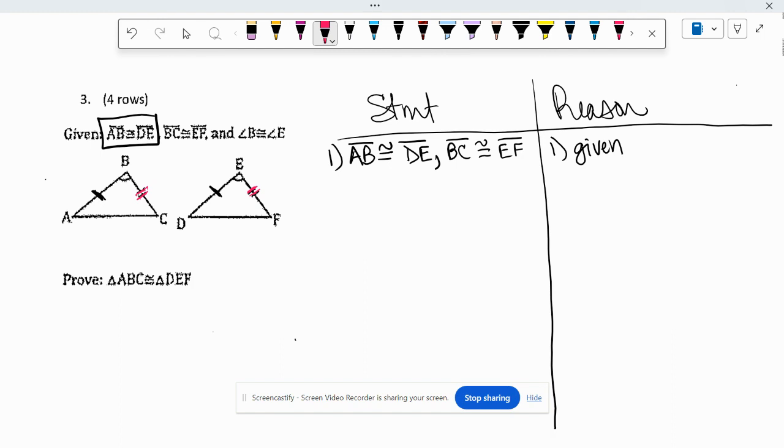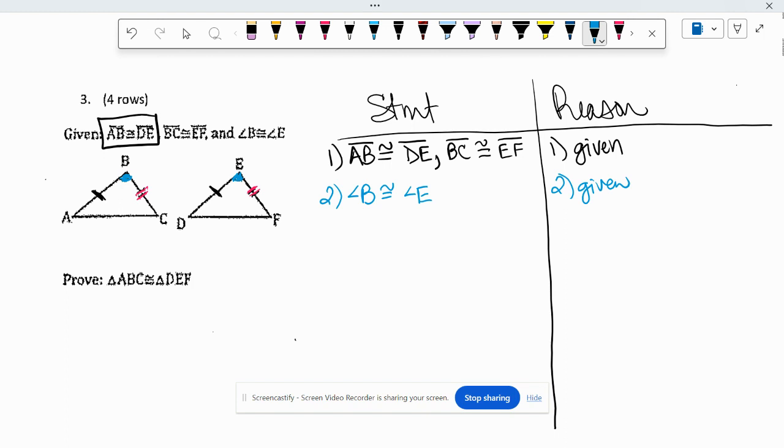Okay. Well, we have one more given. Statement number 2 says that angle B is congruent to angle E. It's another given. Angle B is congruent to angle E. So Carter, do we have enough information to say that triangle ABC is congruent to triangle DEF?